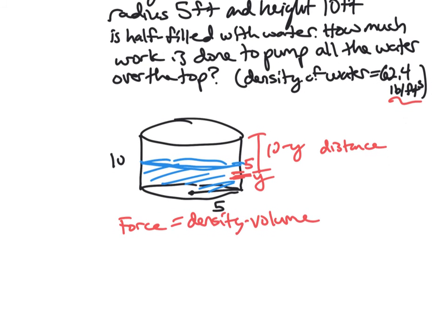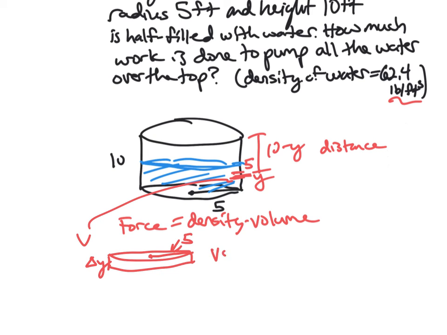Well, the basic idea here is let's zoom in. So what shape are we working with? We're working with really like a small cylindrical sliver here, right? So this is going to be delta y in height. That's how thick this cylinder is. And then we know what the area is in order to get the volume as well, because we're just looking for pi r squared h. Well, our h is the delta y, and we know that our radius is 5.